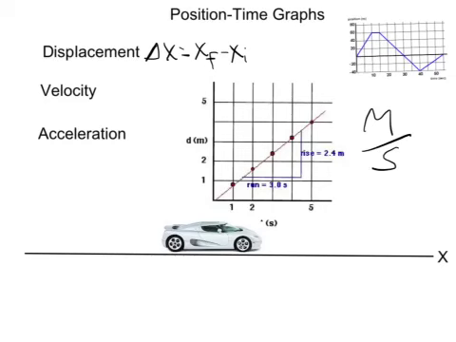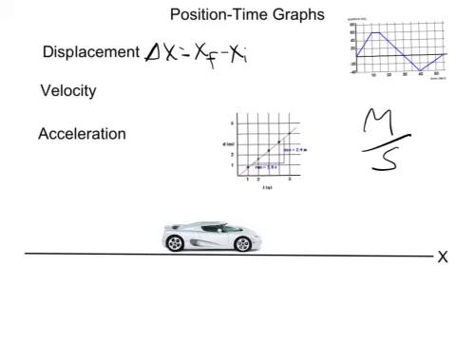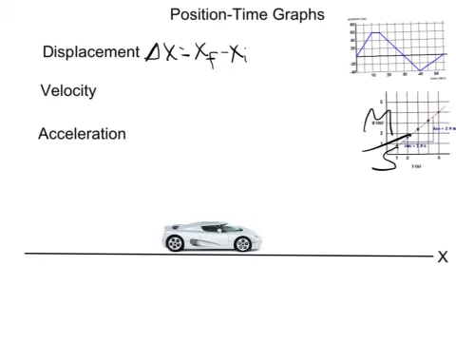So if we were to take the slope of a segment on a position time graph, the rise over the run, our units for that slope would be in meters per second. So that's velocity. Okay? So we get velocity from a position time graph by calculating the slope of a segment of that graph.